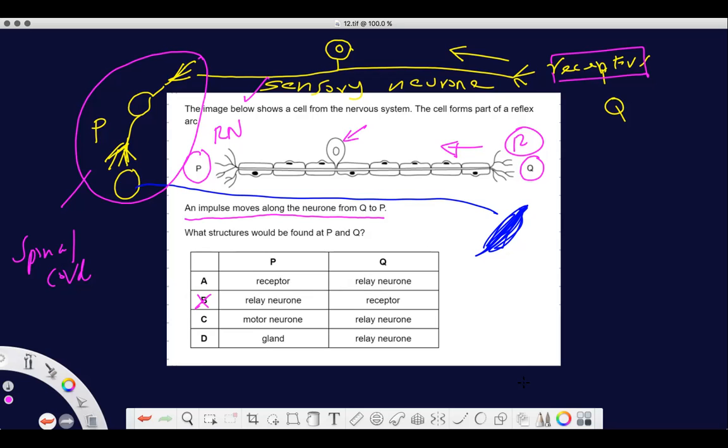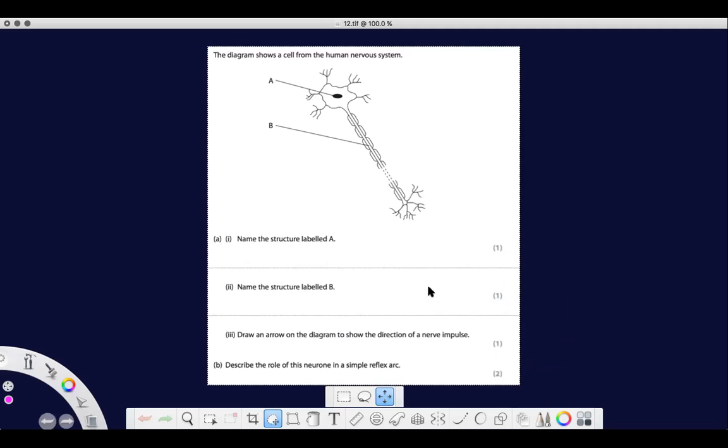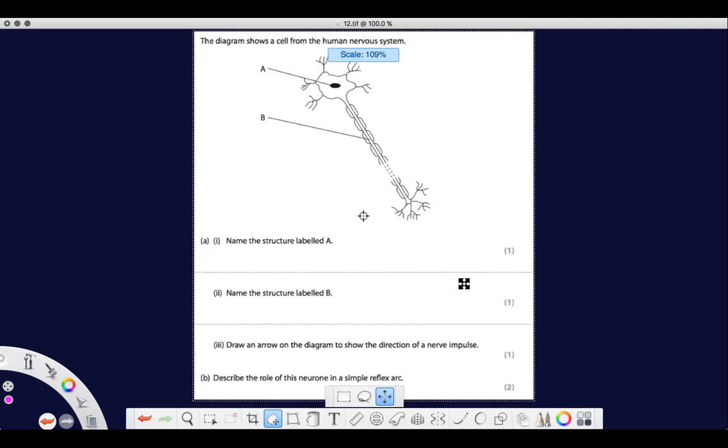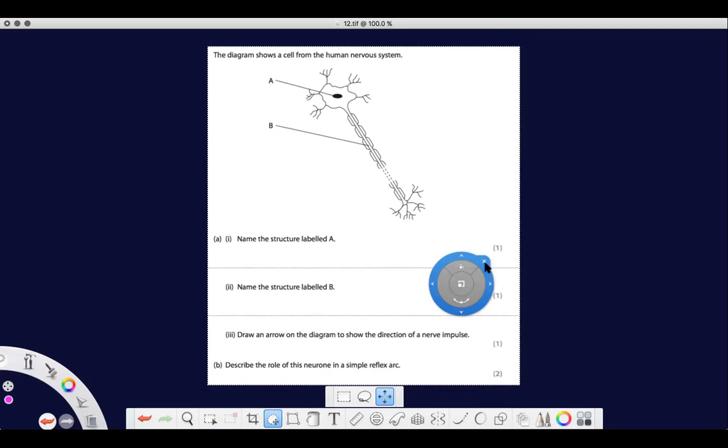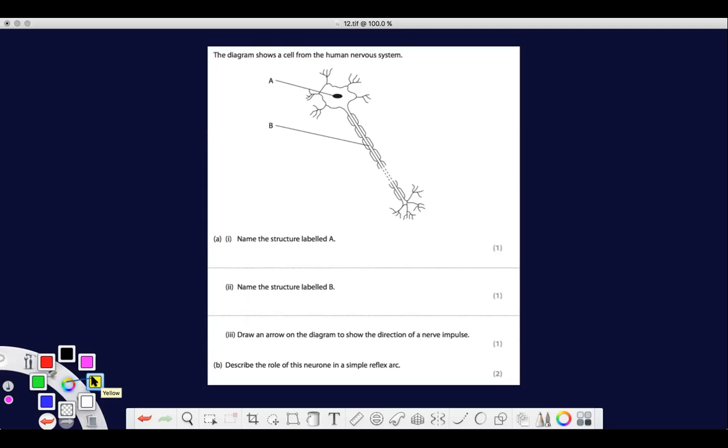Right, there is another question. That is a structured question. Here you can see the diagram shows a cell from the human nervous system.